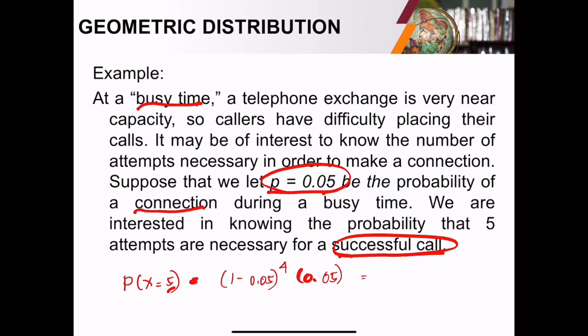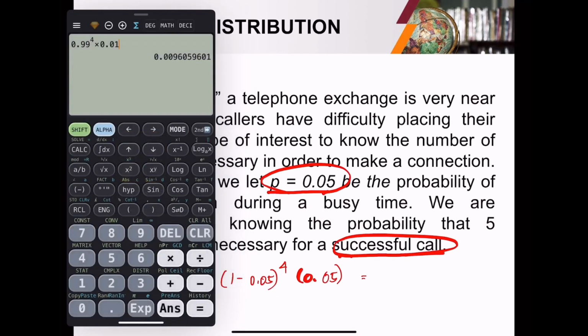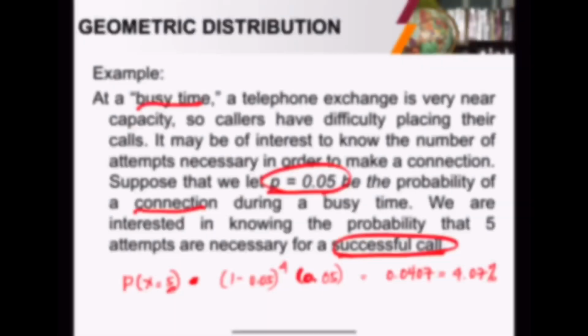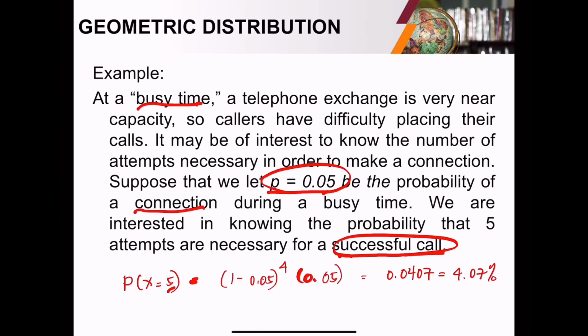Okay? And that gives an answer of, let's take our calculator, 0.95 raised to 4 multiplied by 0.05. So, it gives us an answer of 0.0407, or simply 4.07% chance of having your call go through or successful.